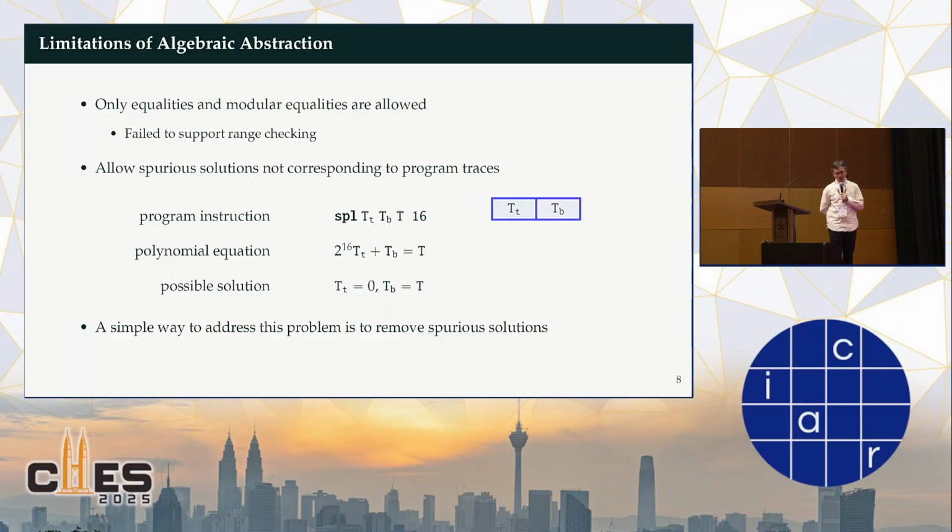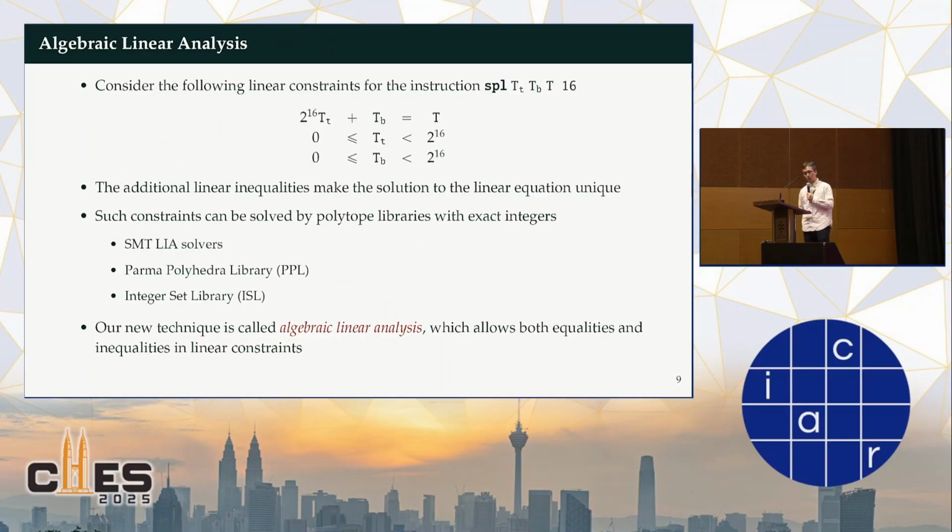So a simple way to address this problem is to remove spurious solutions by adding more linear constraints, which bound the ranges of TT and TB. With the two additional linear constraints, the solution to the linear equation becomes unique, and the spurious solutions are removed.